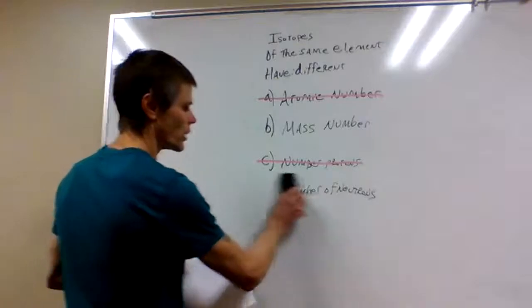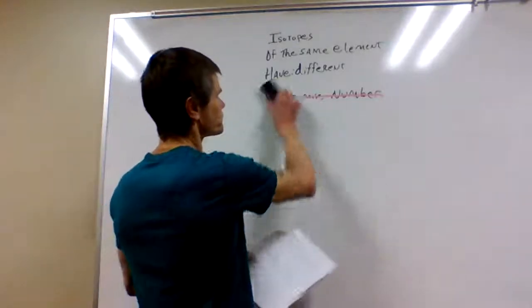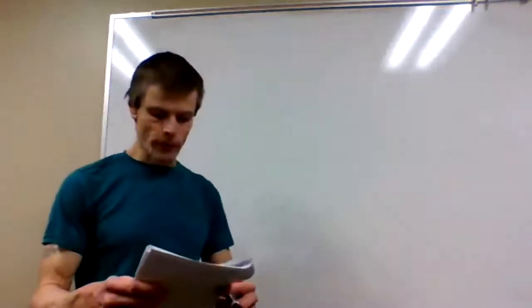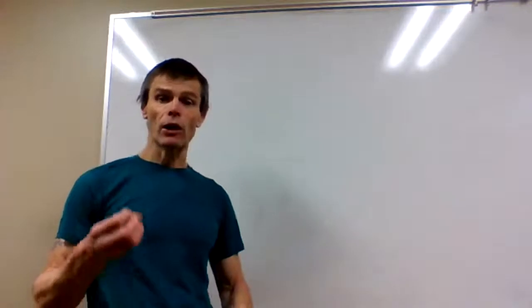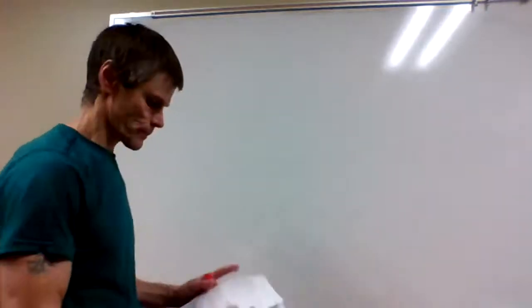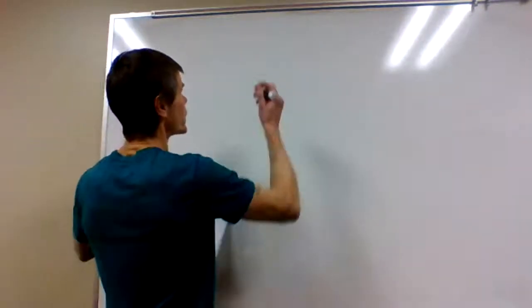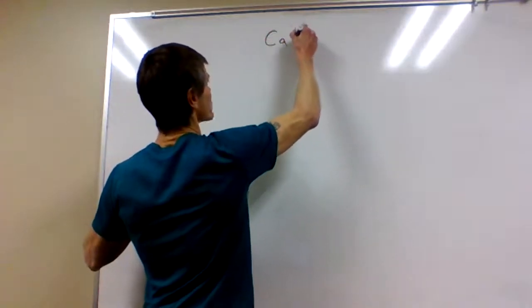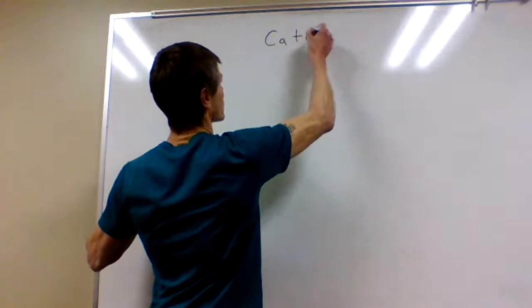The first type of particle that we're going to look at is the particle that forms due to the loss of electrons. So we're going to look at what we call cations. Cations.